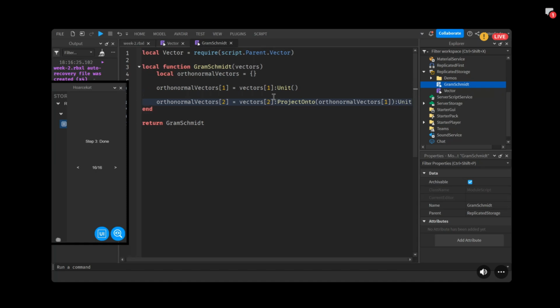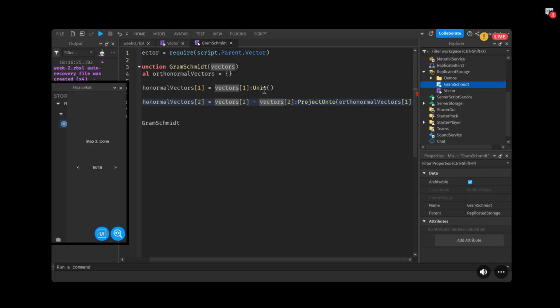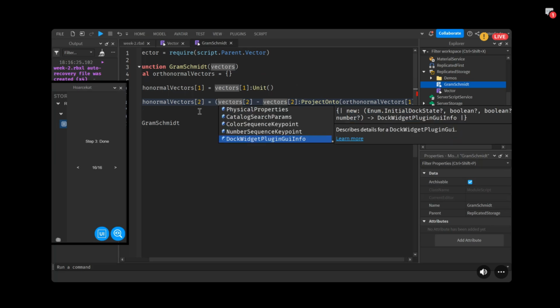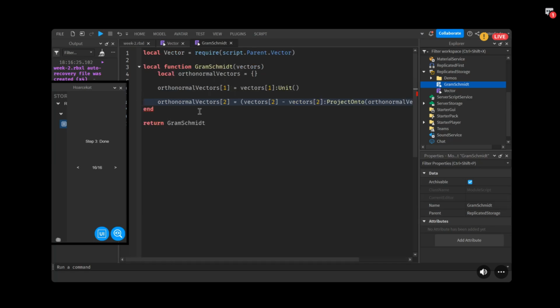No, we're not doing that. I got a little ahead of myself. Sorry. So we take the vector, we subtract away the projection, and then we unitize it. All right, so this is the process, and I'm not going to belabor the point.